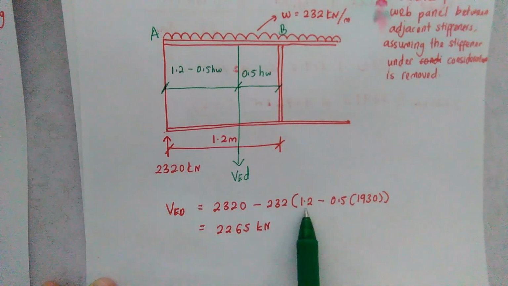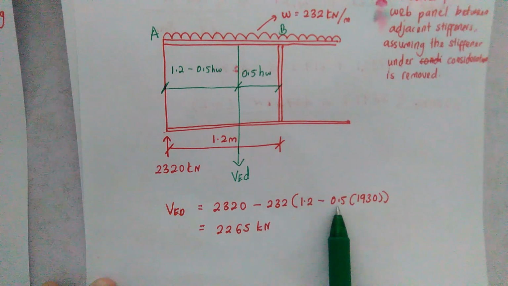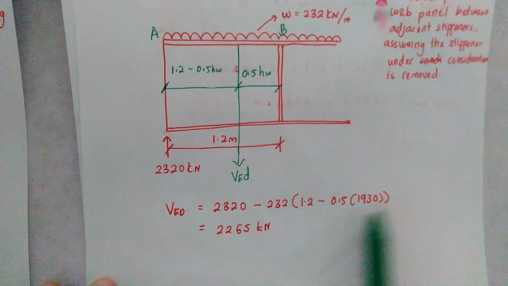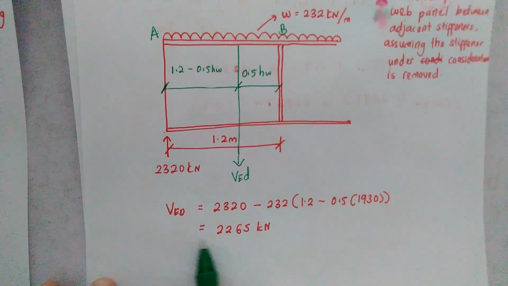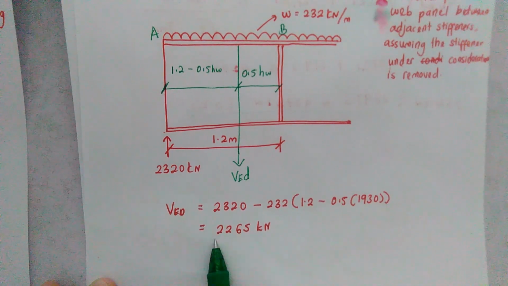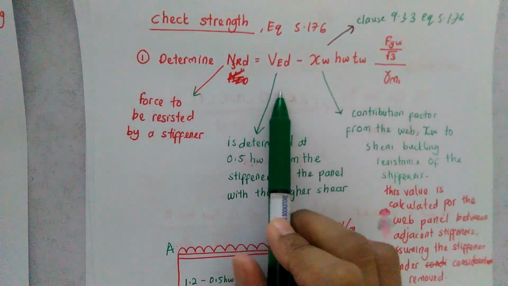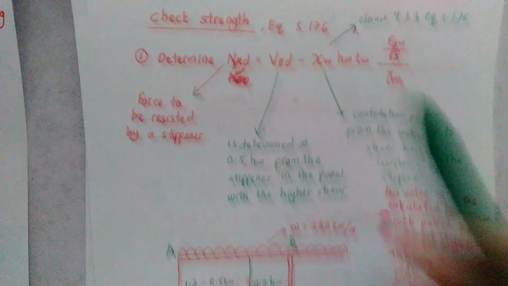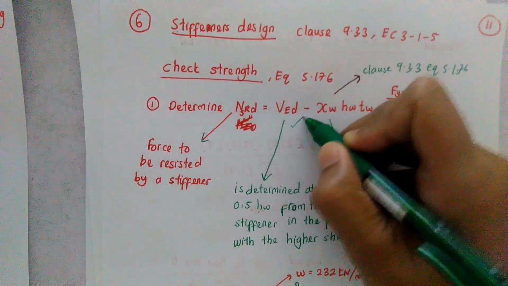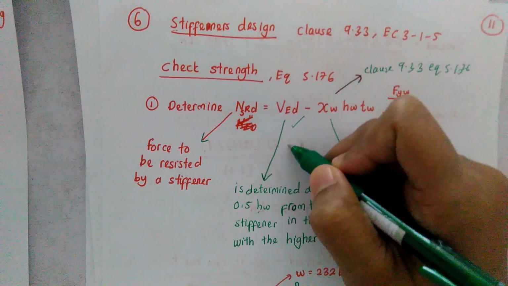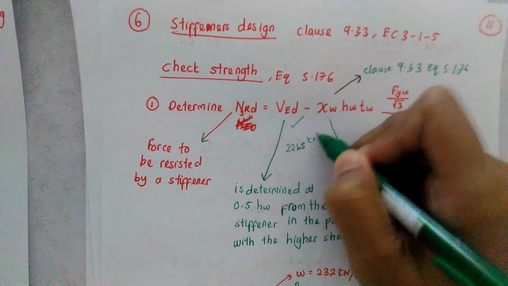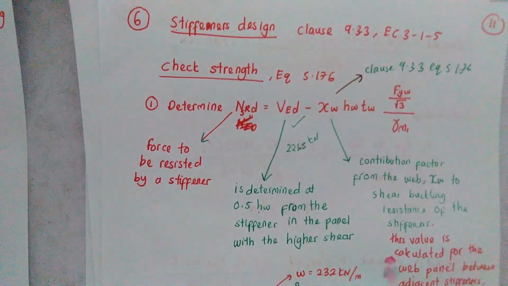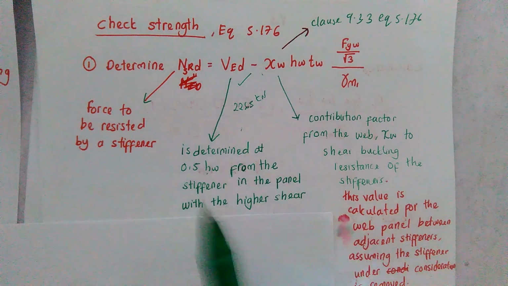So 1.2 minus 0.5 hw is 0.93 meter, and finally you calculate it and get 2265 kilonewton for the VEd. By now, you have calculated VEd and got 2265 kilonewton. Let's find the contribution factor.